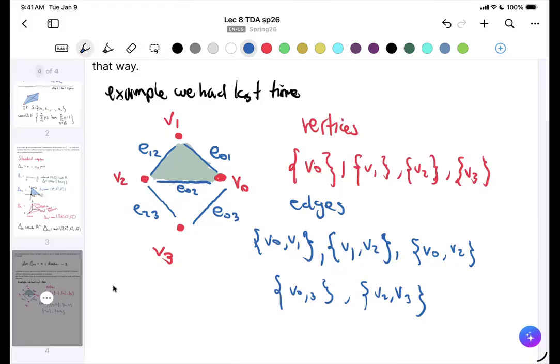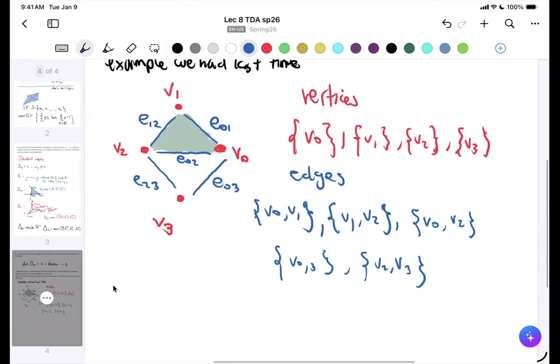So to refer to the triangle, you would just list the three vertices that make up this triangle. So it would be V0, V1, V2.